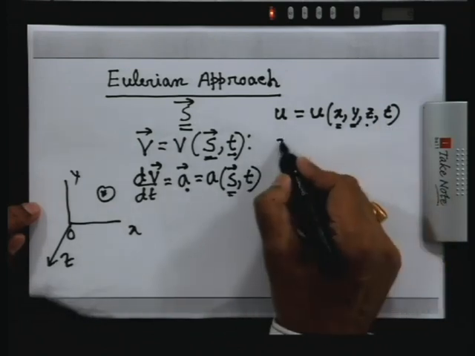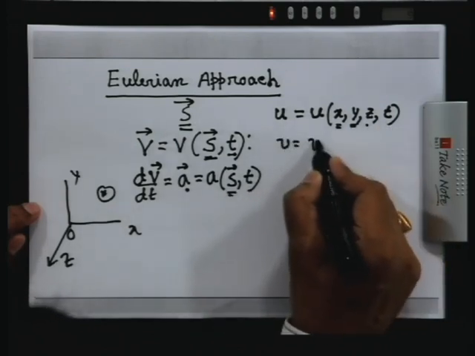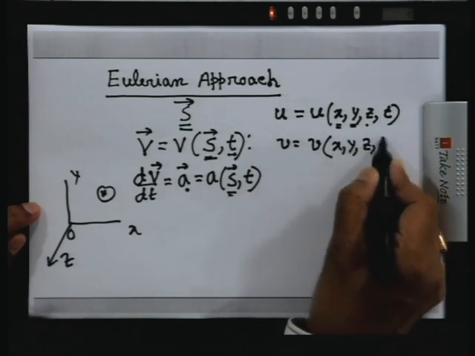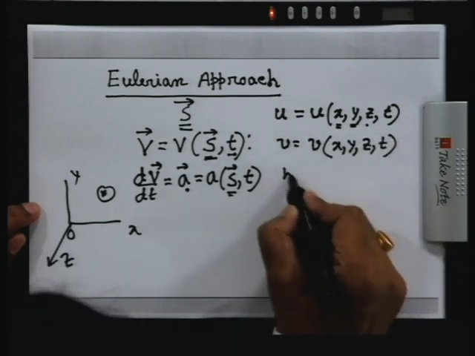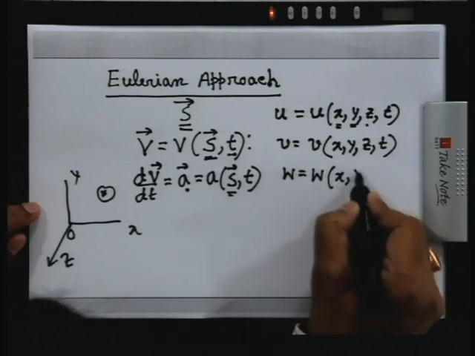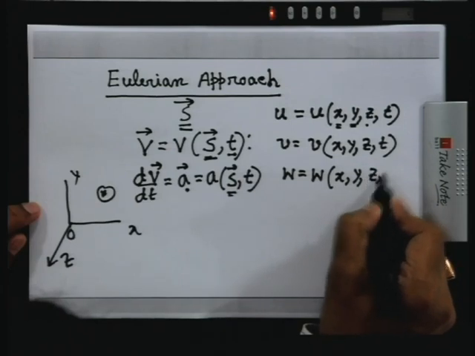Similarly, v, the y component of velocity, is a function of x, y, z, t, and similarly the z component of velocity is a function of x, y, z and t.